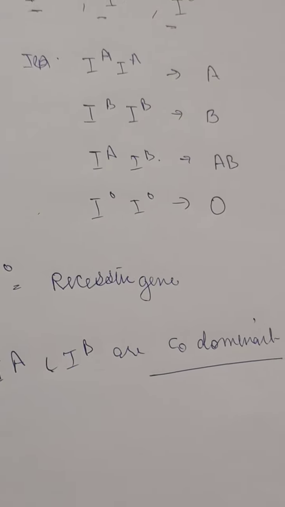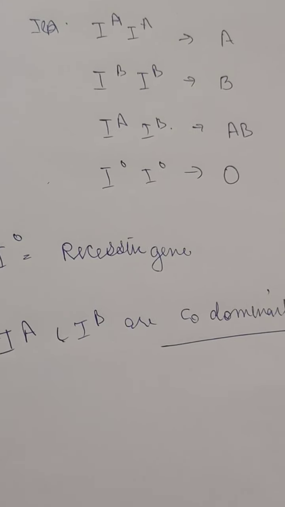So if a man has blood group A and he marries a woman having blood group B, what will be the blood group of the child?